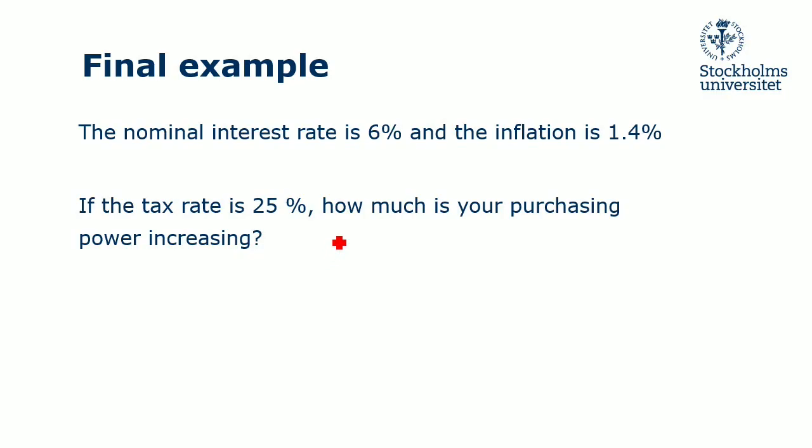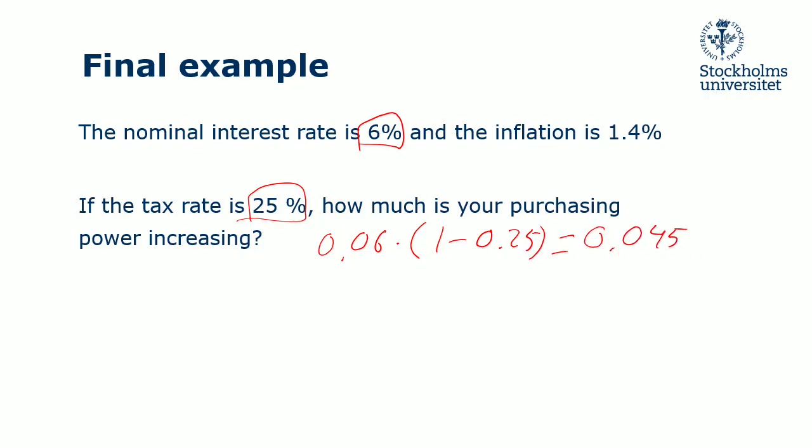So we take 6%, the nominal interest rate today, times 1 minus 0.25, which was the tax rate. This is equal to 0.045, or 4.5%. So this is the after-tax nominal rate.